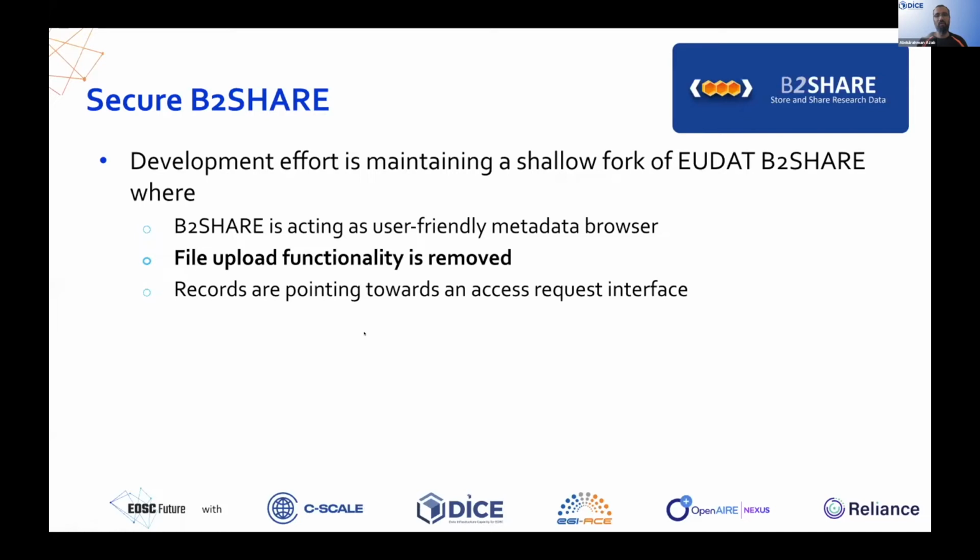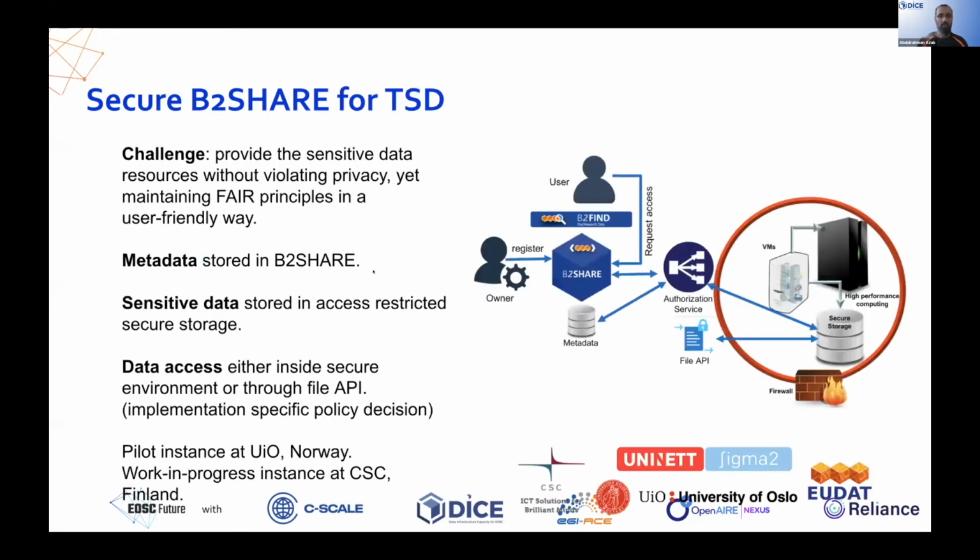So you get the metadata about the sensitive datasets on the B2Share website, but if you want to get access to the actual datasets, instead of having the dataset itself stored on the public website, you are directed to a web form where you submit an access request to the sensitive data. And this is how it looks.